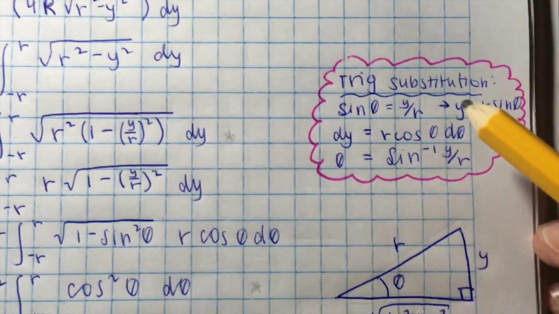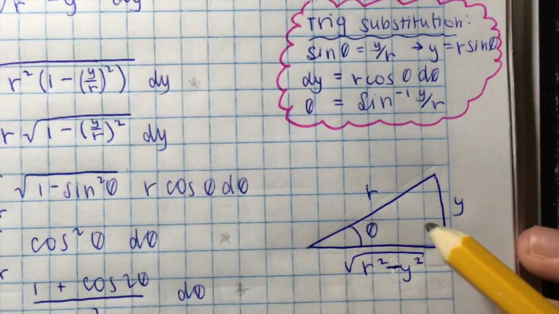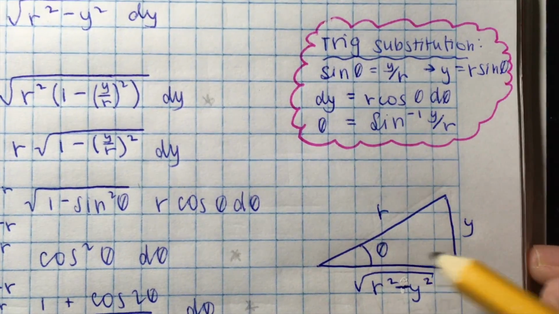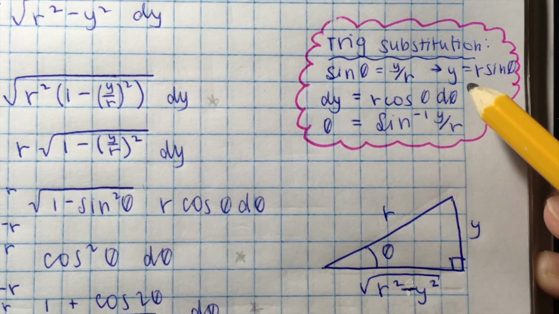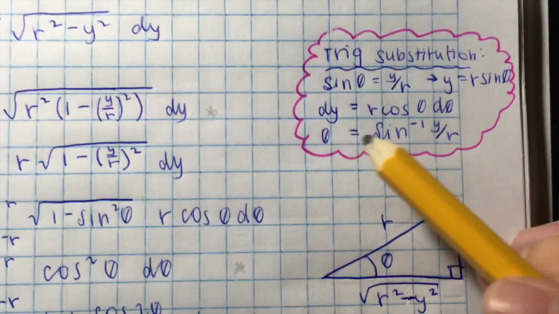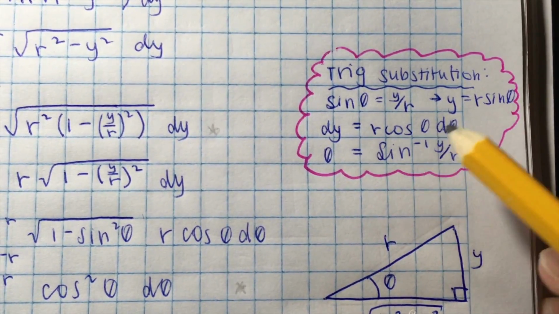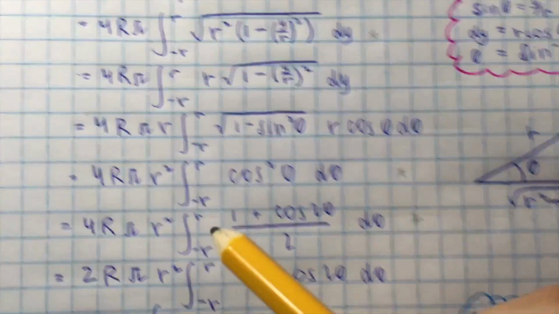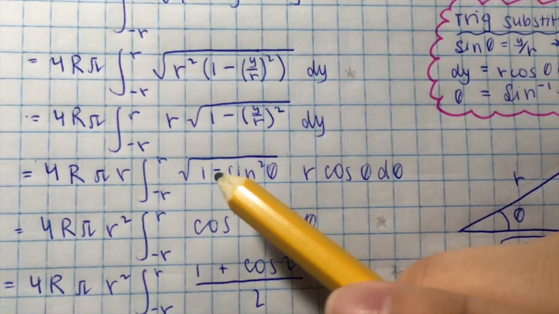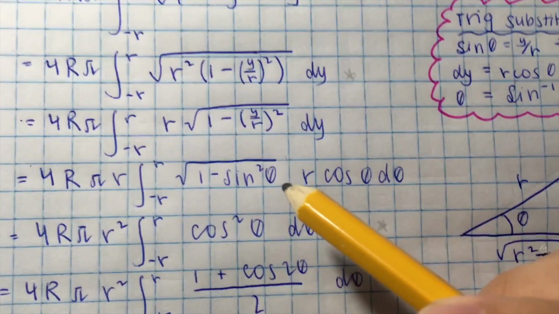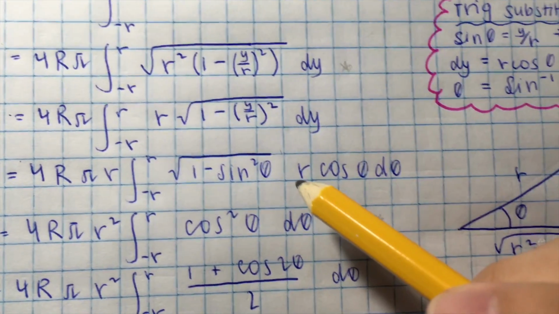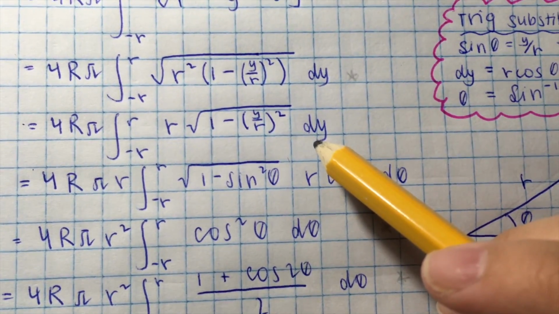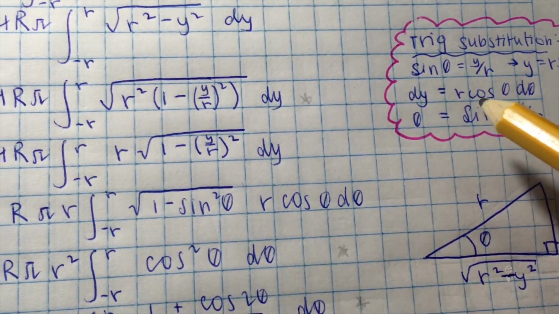And in order to do trigonometric substitution, we use the triangle to find the values we need to replace. So sine of theta is y over r, so y equals r sine theta, and dy is r cosine theta d theta, and theta would be arc sine of y over r. So we replace this here, so we're left with the square root of 1 minus sine squared of theta times r cosine theta d theta.